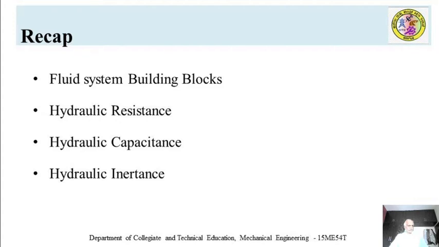So hydraulic resistance occurs when there is a wall or any obstruction, or when there is a change in diameter or area of cross section. So flowing across these obstructions will offer resistance to the flow.